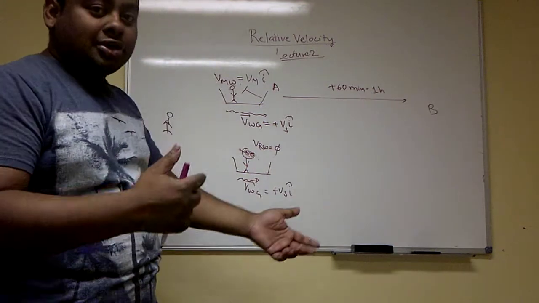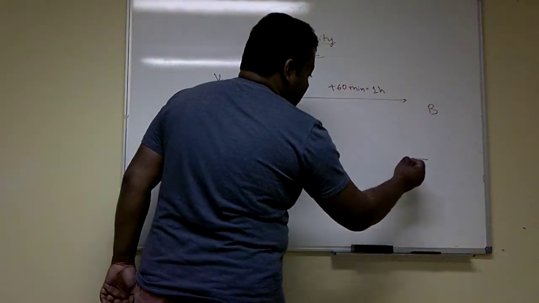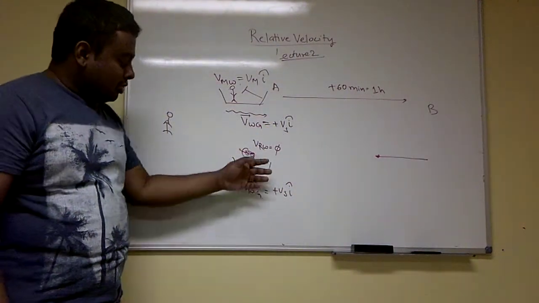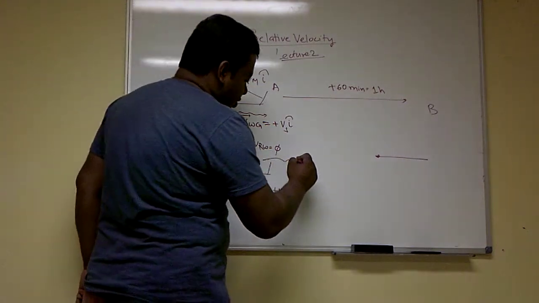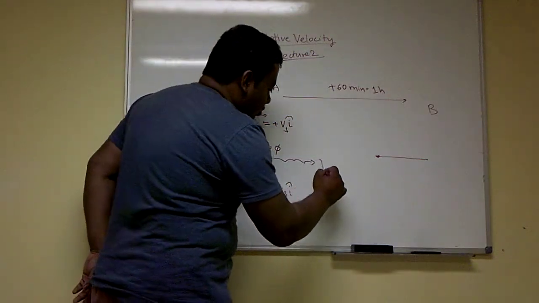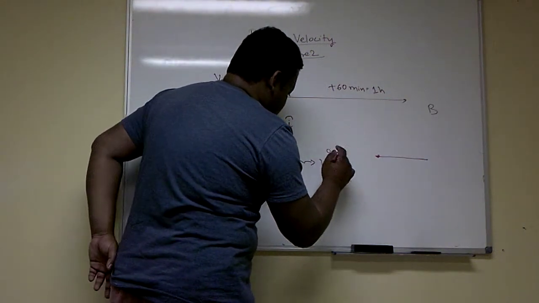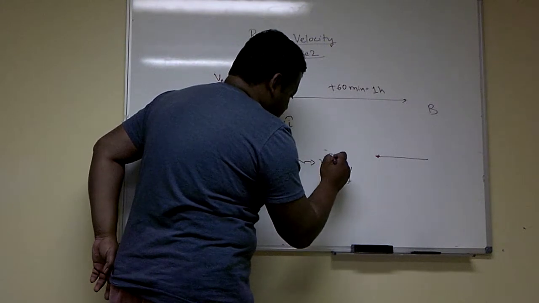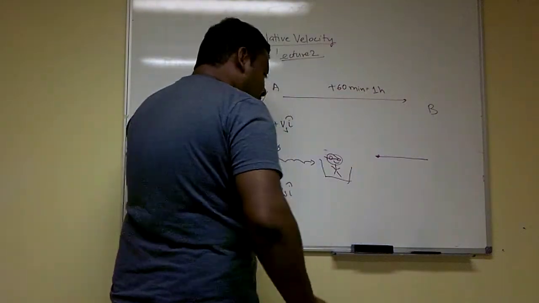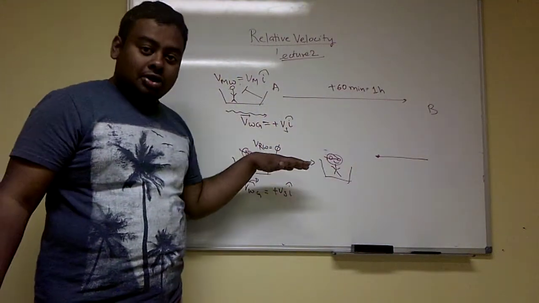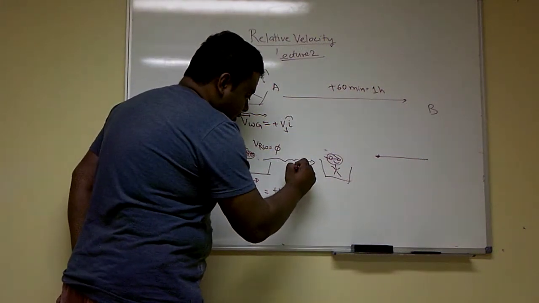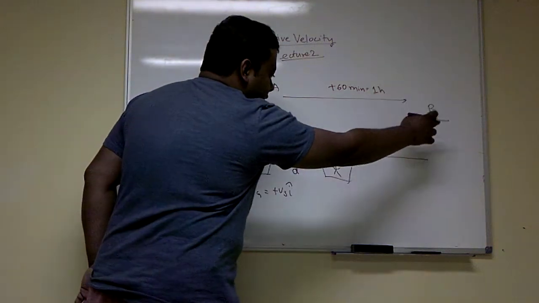And then he starts coming back, and this raft guy who is moving at 0 velocity with respect to water, obviously because of the speed of the stream, goes forward in time, still with sunglasses on and a smile on the face, goes to a certain distance, let's say D.